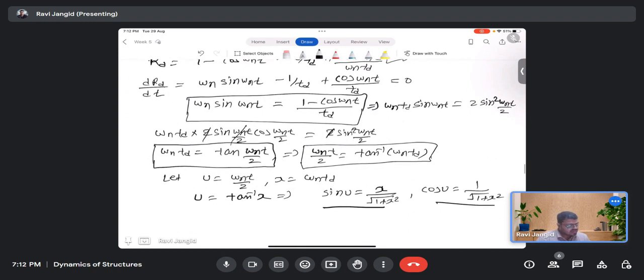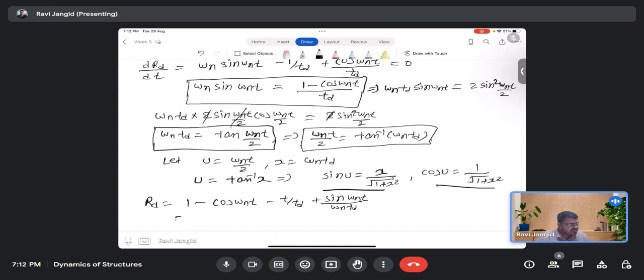So now my RD is 1 minus cos omega n t minus t by td plus sin omega n t over omega n td.